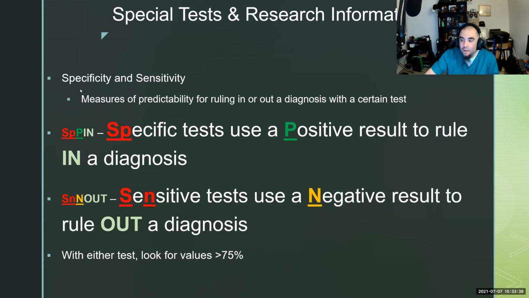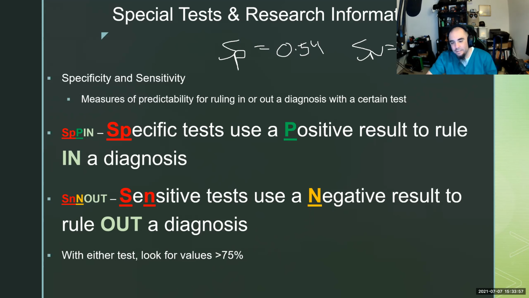Some of the tests, if you have something like this, where the specificity is 0.54 and the sensitivity is 0.59, what does that tell you about that test?